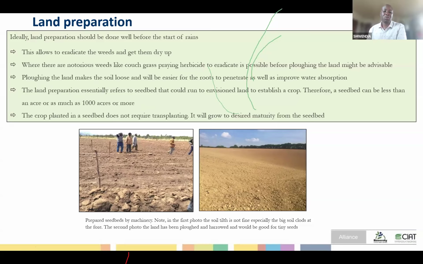So you need to make sure your seed bed is well prepared ahead of time and has the correct fine tilth. If you look at this first photo, you can see the big soil clods here. Definitely here you cannot have a nice seed soil contact. Unlike the second picture, which you can see is very well prepared, even harrowed and ready to receive seeds.